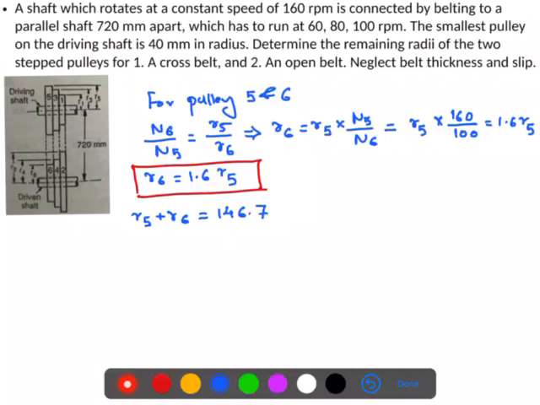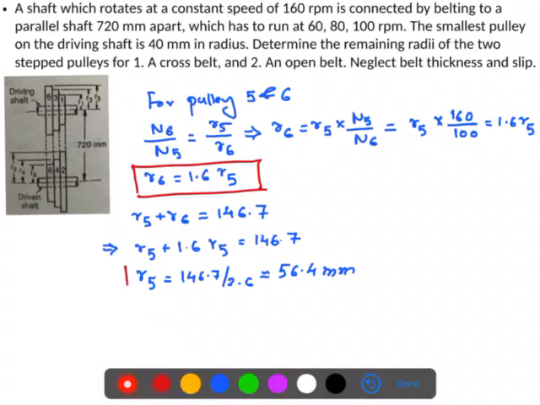So from this, R5 plus 1.6 R5 is equal to 146.7, and from this we get R5 is equal to 146.7 divided by 2.6, and this is equal to 56.4 millimeter.